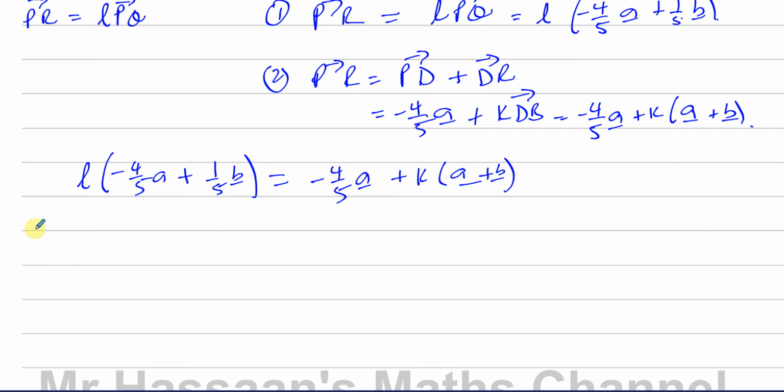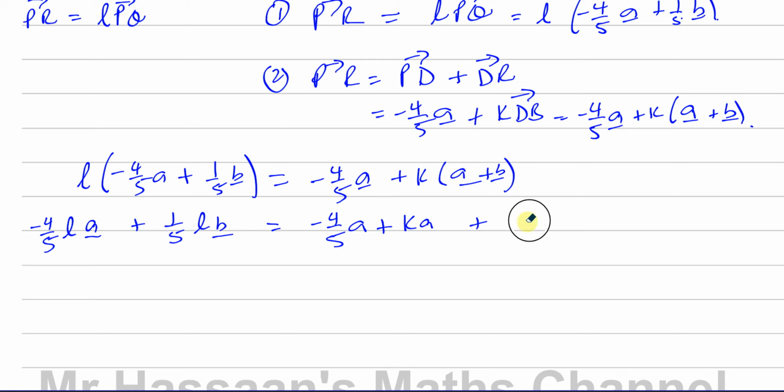So for this one, we'll have minus 4/5 times LA plus 1/5 times LB. And here I'm going to have minus 4/5 A plus KA, and here I'll have plus K times B. Now I have the A components.